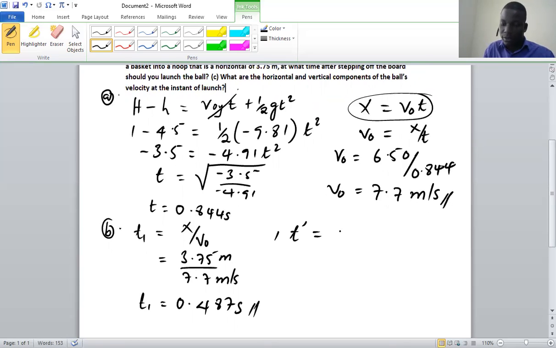It's going to be T minus T1. So we have 0.844 minus 0.487 seconds.